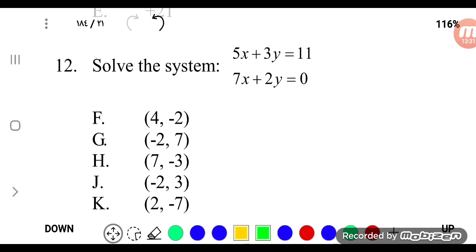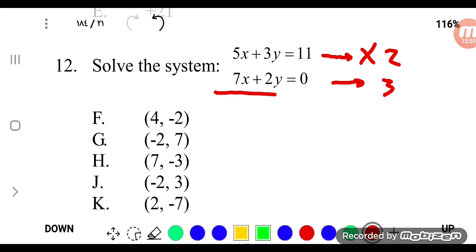Solve the system. Here you have a system of two equations. In order to solve them, you can multiply the upper equation by 2 and the lower equation by 3 to make the y's coefficient 6.